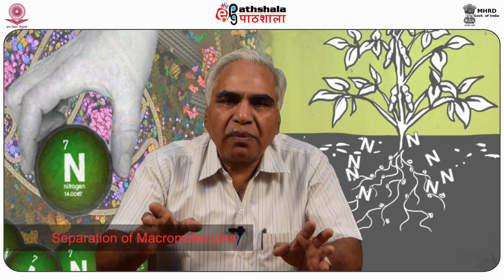Matching of size of macromolecules with pore size of the gel matrix is essential for separation of macromolecules in an electric field. This is the reason why, in general, proteins are separated on acrylamide gel, while nucleic acids are separated on agarose gel.